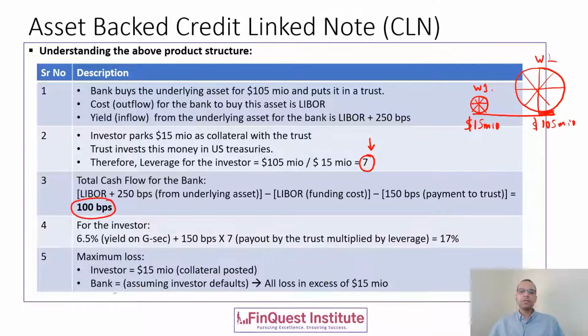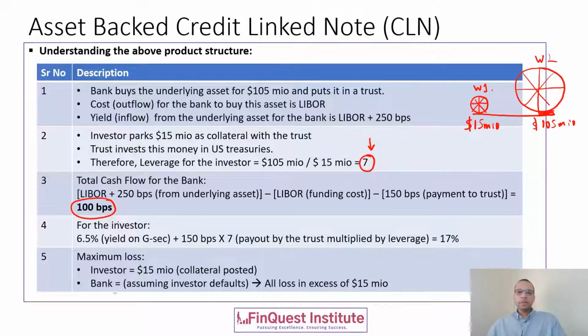So 100 basis points is the compensation for the bank for taking on this product, because the bank is also taking a risk on this product, isn't it? Because in case the loss exceeds what the investor has parked, now the bank will be expected to manage that loss. So that is a risk which the bank is willing to take. And for that, the bank requires a compensation, which is 100 basis points.